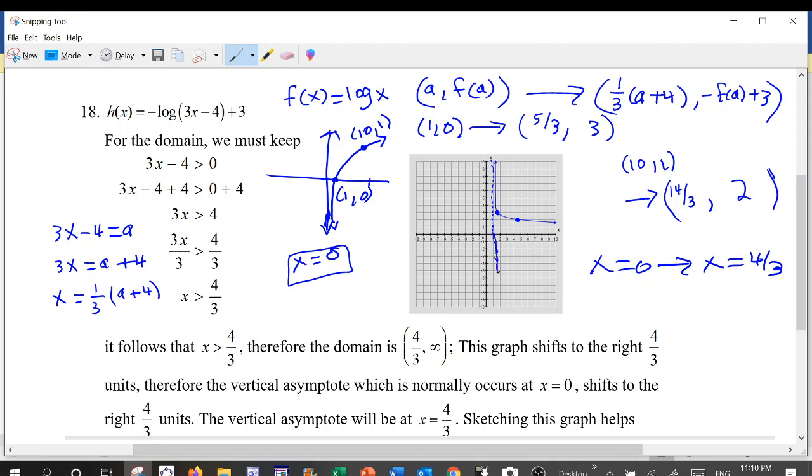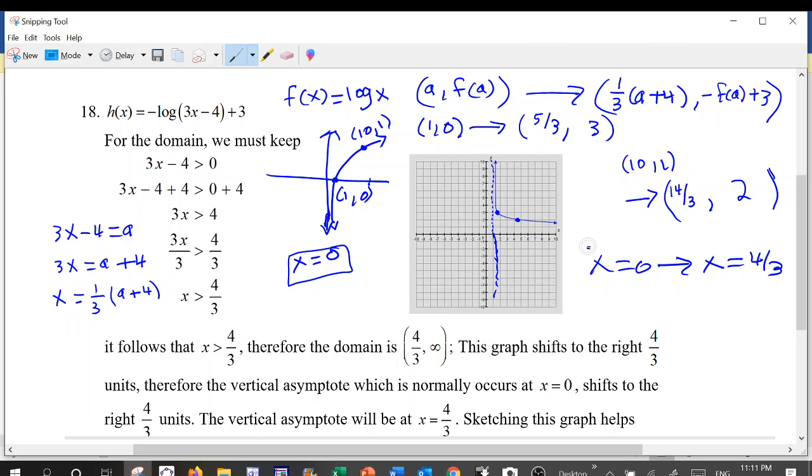So this graph is going to approach its vertical asymptote and come down and go to infinity. Eventually it's going to go that way and cover all the y values here. So eventually we'll cross the x-axis, but very slowly.